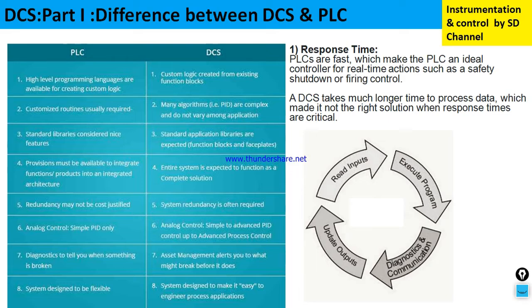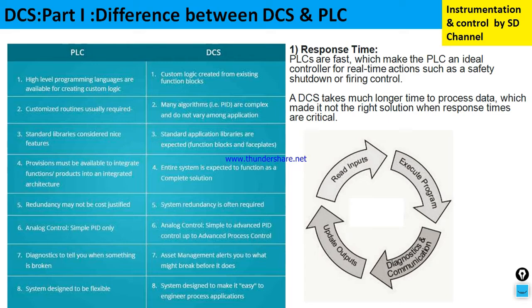The second point is that PLC is basically used for a small package unit in a big plant. Suppose a big plant has several small package parts like a DM water plant, package boiler, addition section, like that. You can install a PLC in each of those several parts of the big plant individually, and those PLCs can be hooked up to the DCS, but DCS is used to control the whole plant.